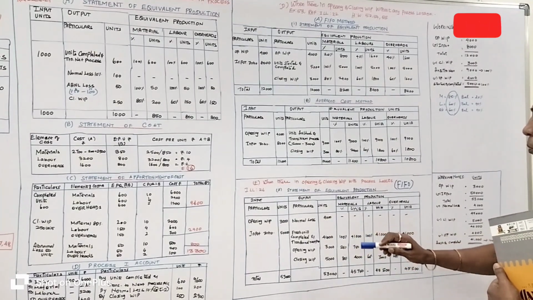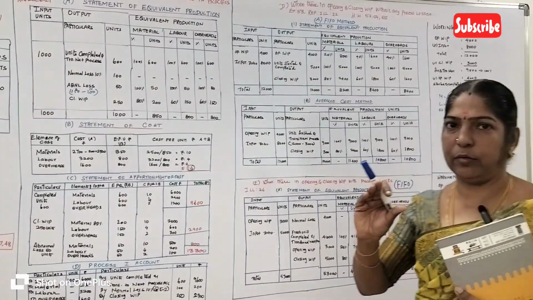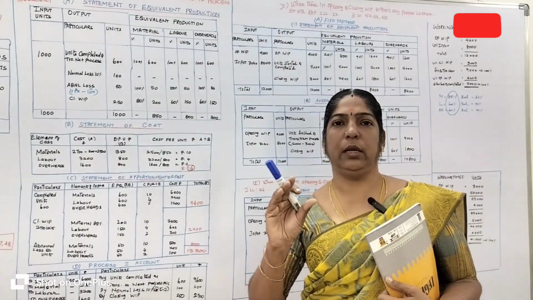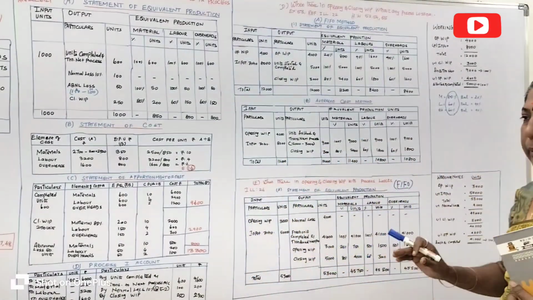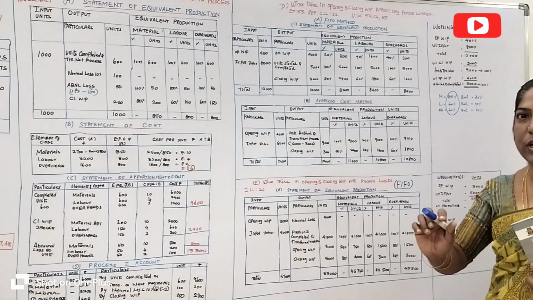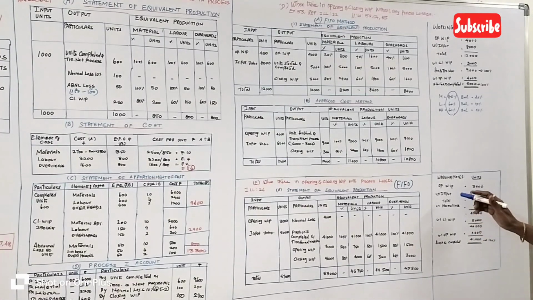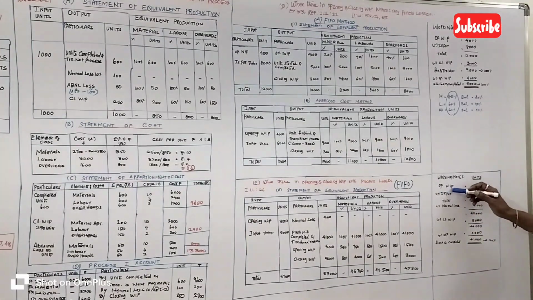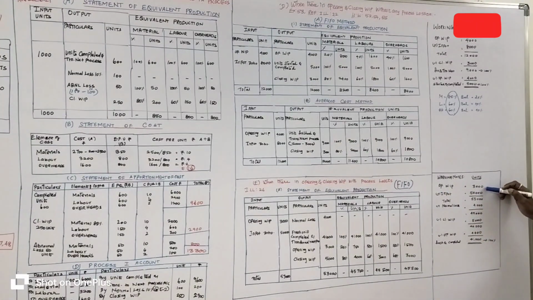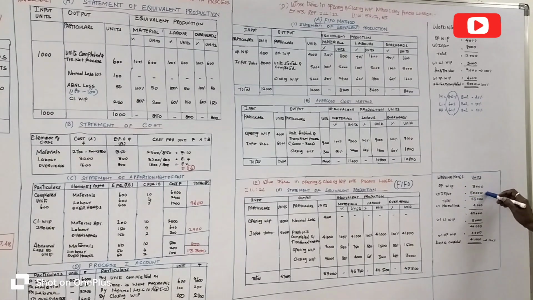the fresh input units. Listen, we have a small calculation, small working notes here, to find the fresh units introduced during the month. What is the opening work in progress? Opening work in progress is 3,000 units. How much input introduced? 50,000 units.